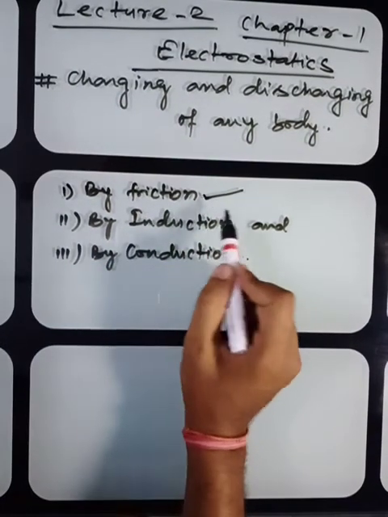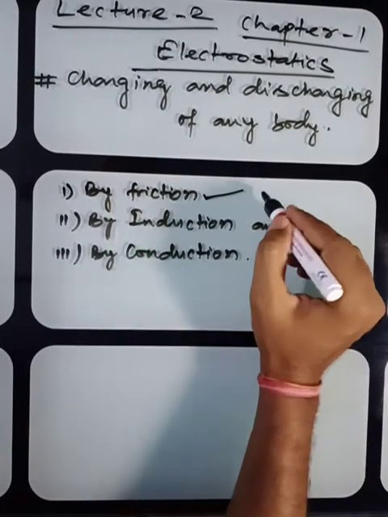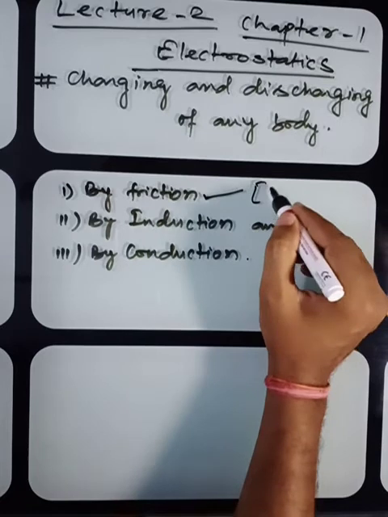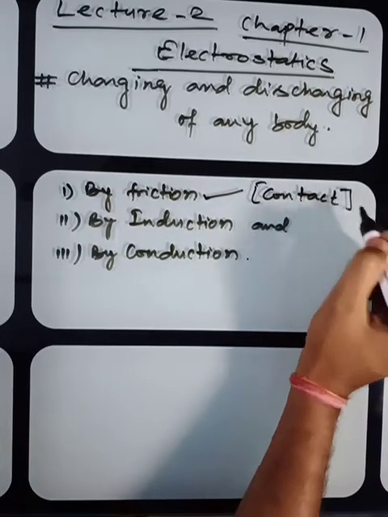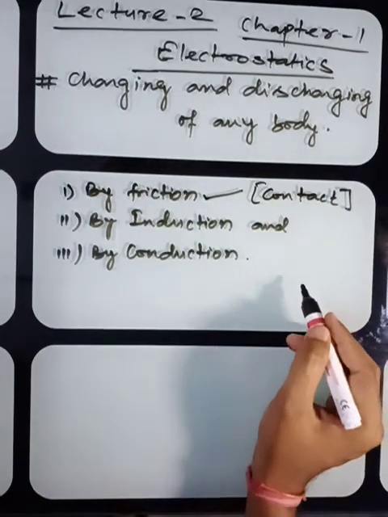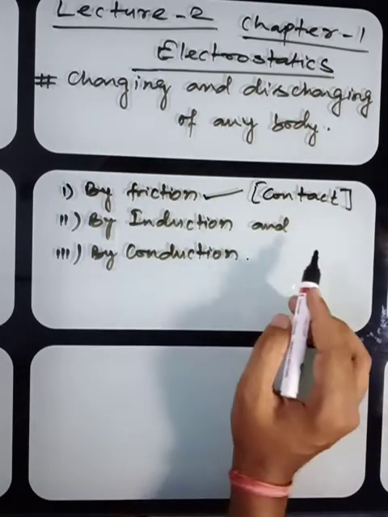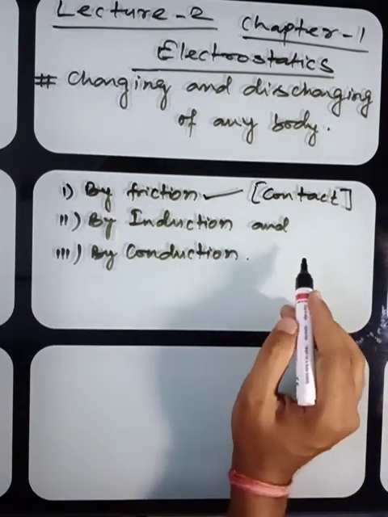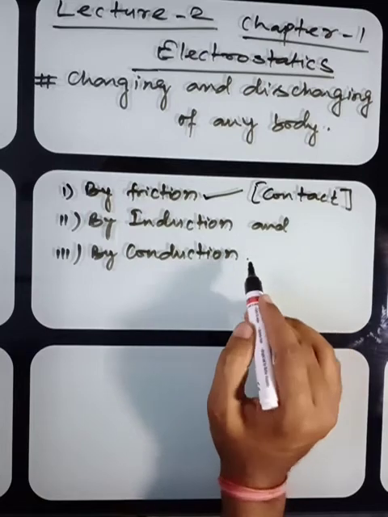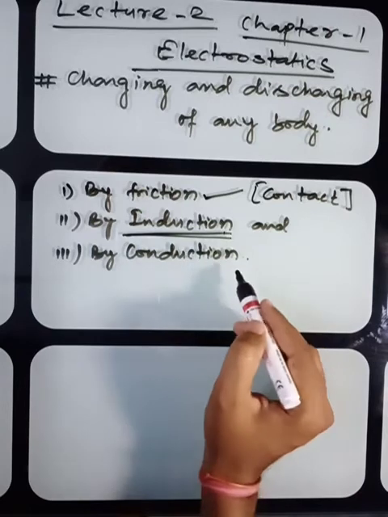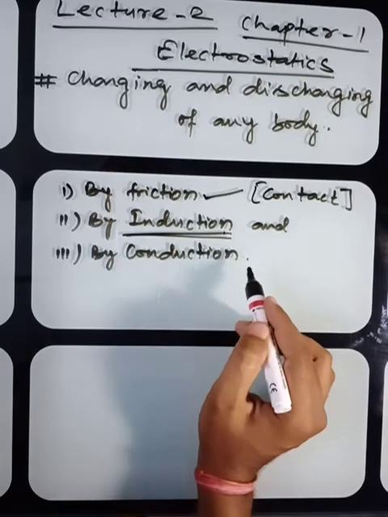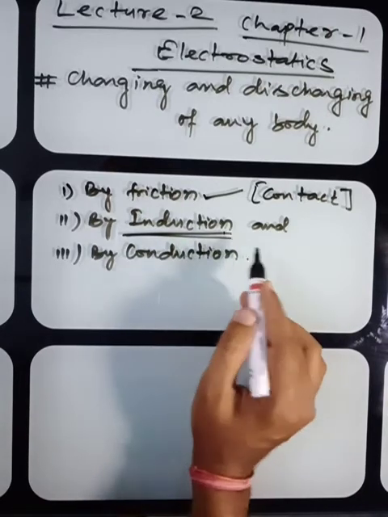Charging by friction needs actual contact. It needs contact. Without contact, you cannot do friction and cannot charge. But this process, charging by induction, actually does not require any physical contact.